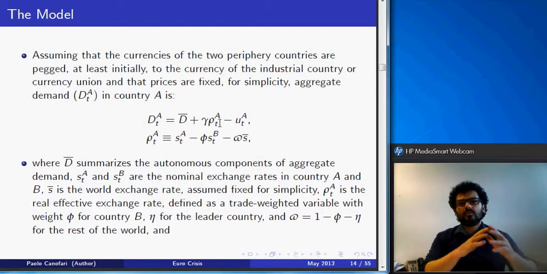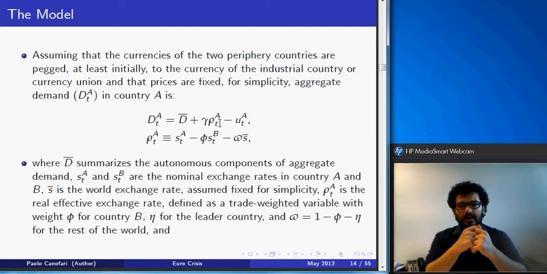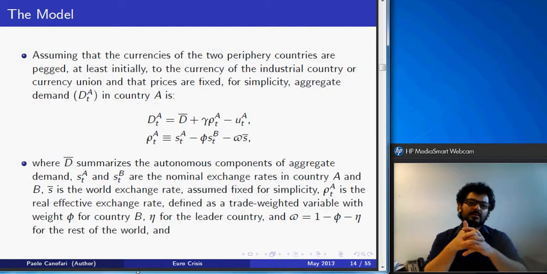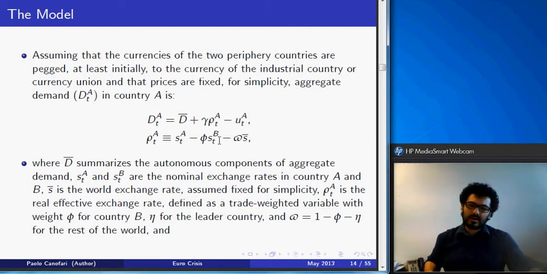We can write also the aggregate demand for country A. Remember that country B is a mirror image, so we have the same equation. The aggregate demand can be written as a bar, which summarizes the autonomous components of the aggregate demand, and ρTA is the real effective exchange rate for country A, which is a weighted average of the exchange rate for country A, the exchange rate for country B, and the world exchange rate.